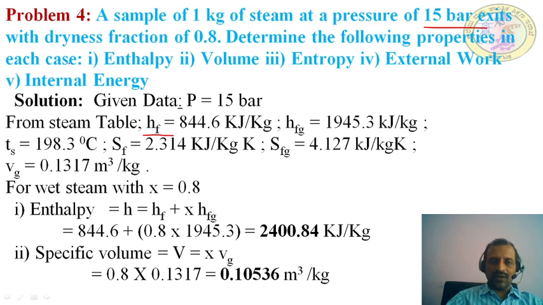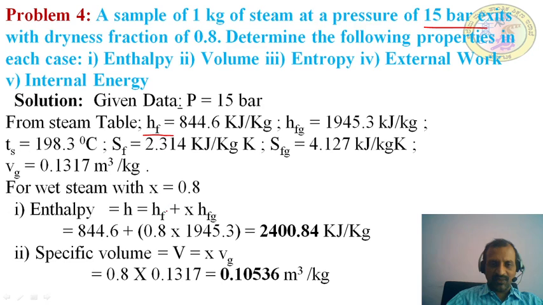Now according to the problem, what he is asking first is enthalpy. So enthalpy H is equal to hf plus x hfg. First you have to see what hf is. hf is the enthalpy of water.